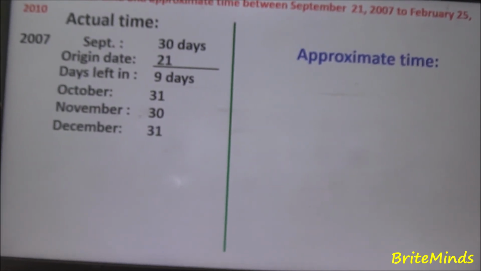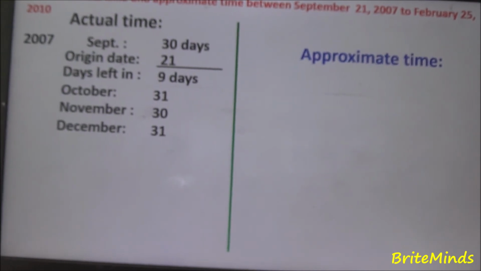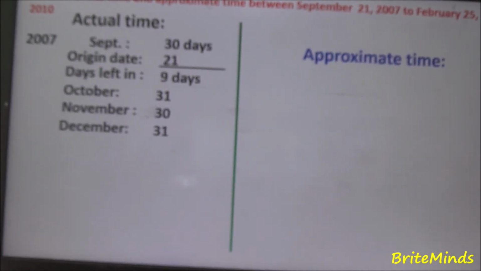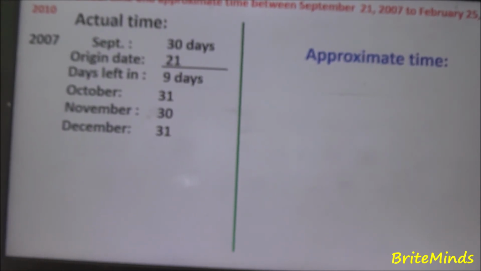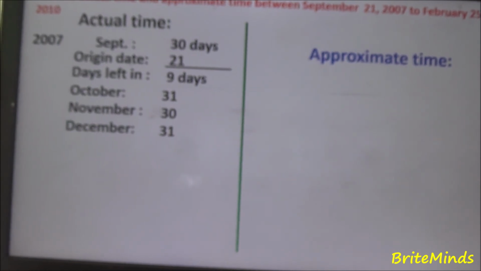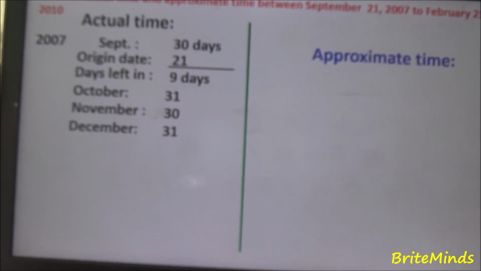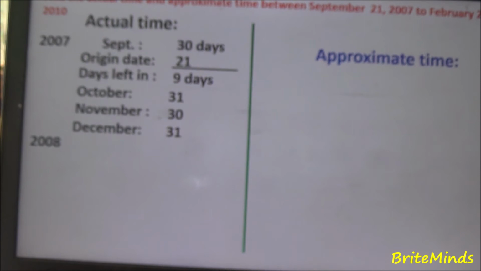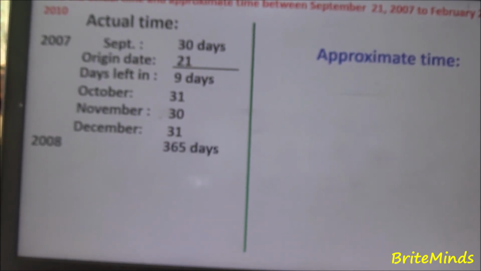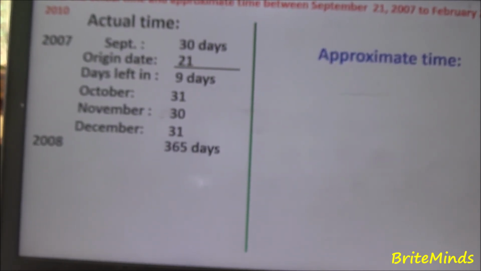Also take note that between year 2007 and 2010, there are years in between these two dates. So the next year is 2008. If it is actual time, the number of days in 1 year is 365 days. So 2008 has 365 days.